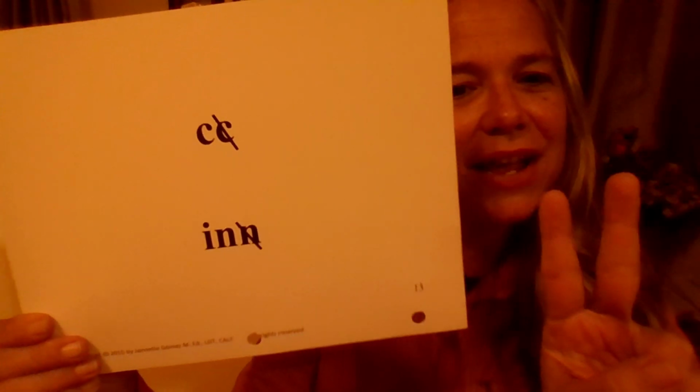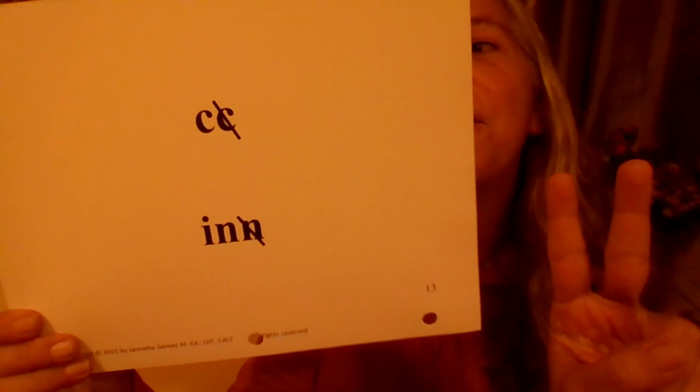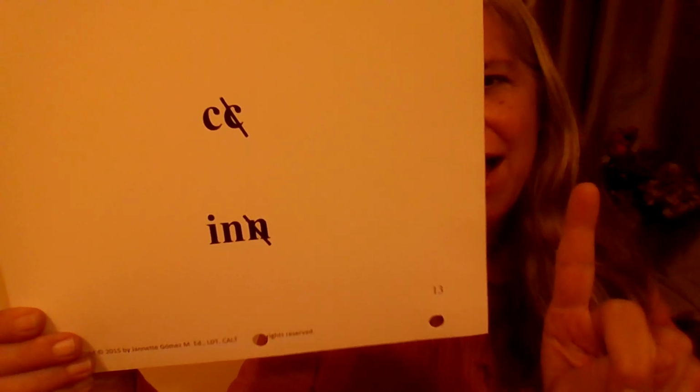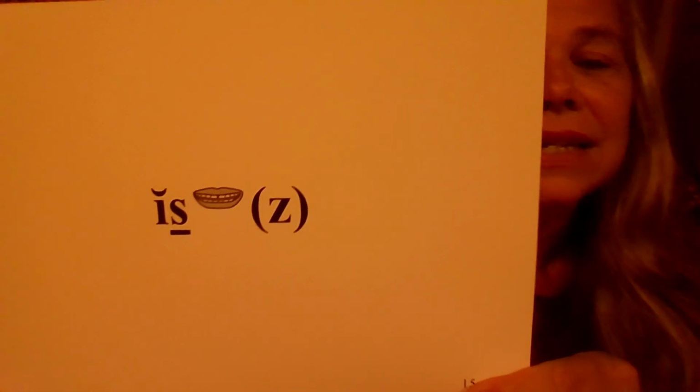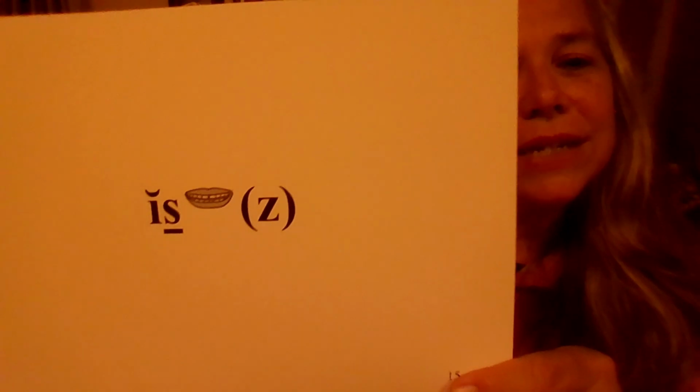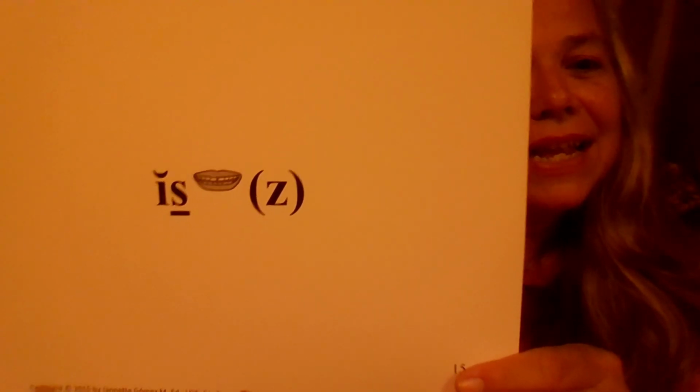When we see two like consonants side by side, mark one out. Its sound will hide. We do not pronounce both N's in the word in. Initial S is pronounced S as in sat. S says Z after a short vowel sound as in is.